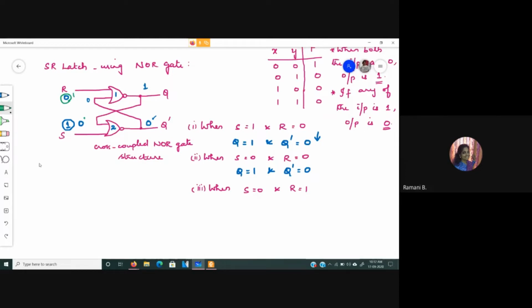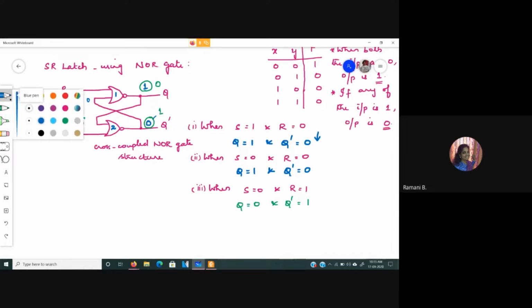We know that if any one of the inputs is 1, straight away consider the output to be 0. So as this input is 1, the output value, that is Q, is going to become 0. And here 0 with 0, so this will change to 1. So we get the output Q equal to 0 and Q bar equal to 1. Now we shall consider what happens after this if my R value changes to 0.